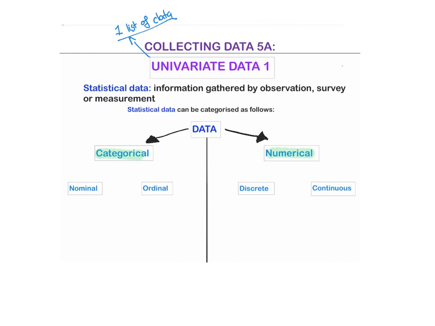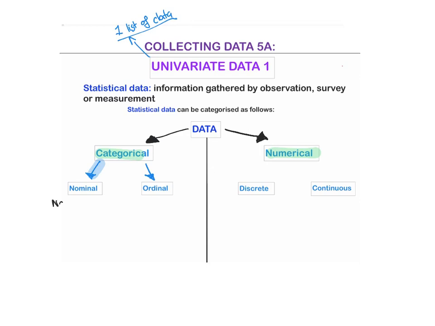Then those two categories can get broken up into their own two subsections. You could have nominal or ordinal. If we're talking about categorical data, say the car types, BMW, Mercedes, that is an example of nominal.